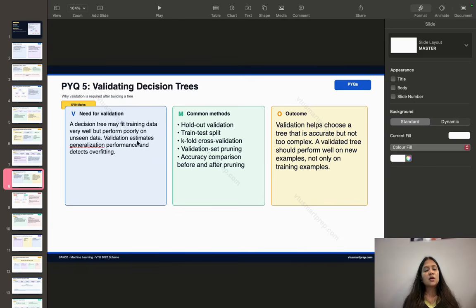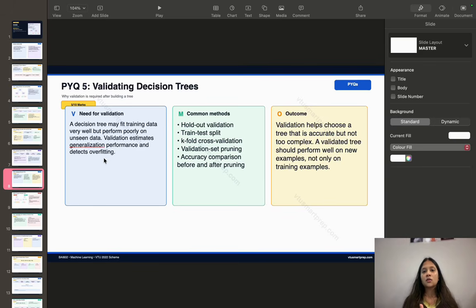When the model does not perform well on unseen data, it creates a problem, right? At that time, what technique is being used? Validation. So validation estimates the generalization performance and it detects the overfitting. It is going to avoid that problem by making use of the validation technique for the unseen data. As simple as that, I made you understand the concept called validating.